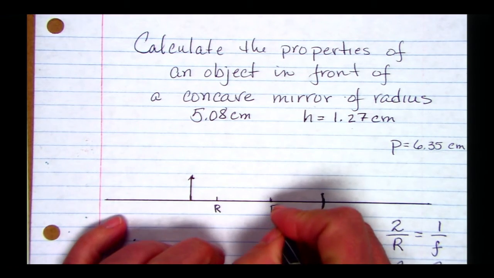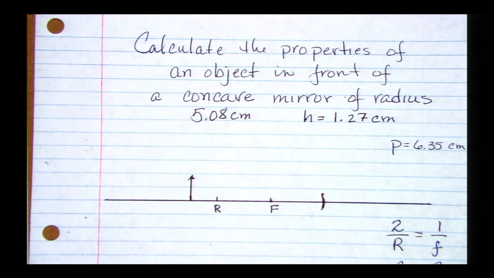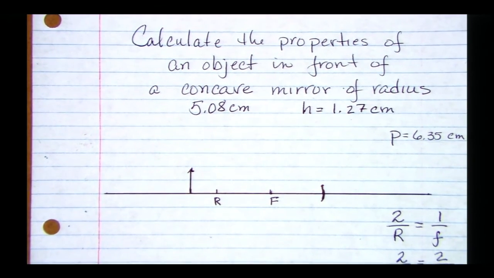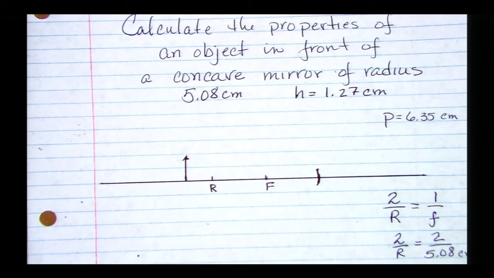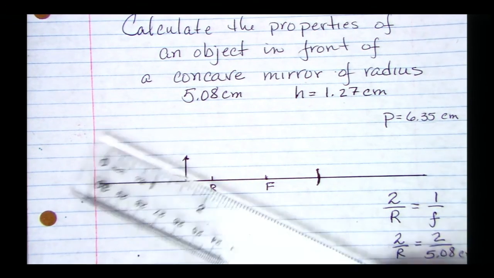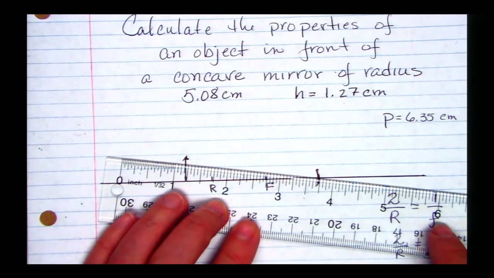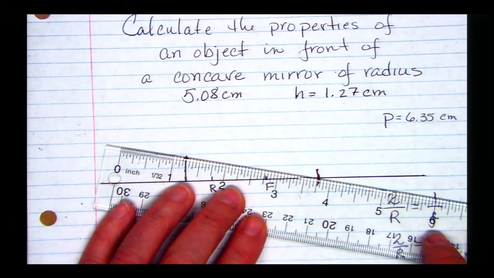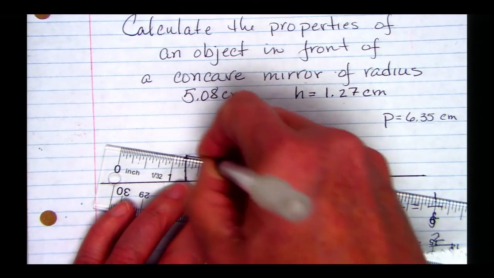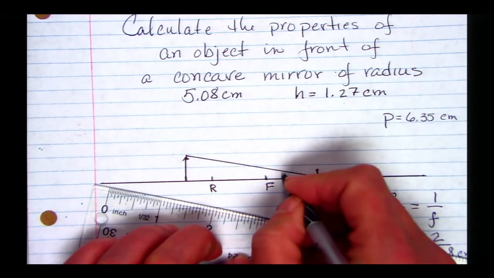I'm bummed I didn't bring my protractor, because it would be helpful to have the protractor, but it'll work out. So what we do when we draw the ray diagram is, the first thing we're going to do is take the top of our image to the principal axis. This angle has to equal that angle, so I'm going to approximate it, so this may not come out perfect because I don't have my protractor.